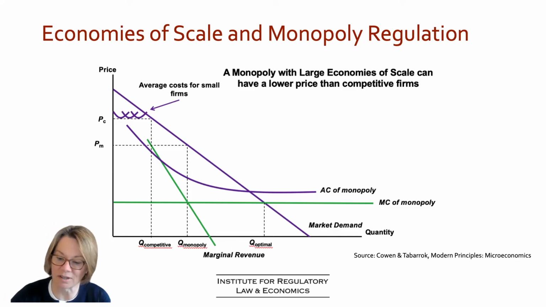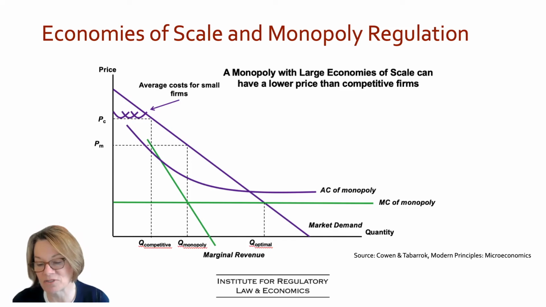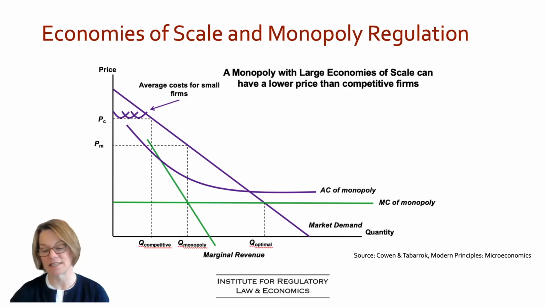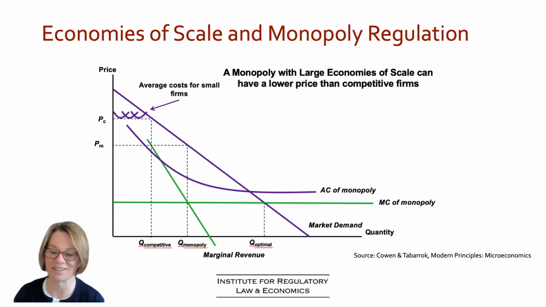But the problem here is that the competitive benchmark outcome, where price equals marginal cost and high output, if that's the market outcome that you get when you have an open, low entry barrier, lots of entry and exit market, and you have economies of scale, the problem is that all of those firms aren't going to be able to stay in the market because they can't cover their fixed costs, because the revenue that they would earn would not cover the average cost. And that is going to be a problem.